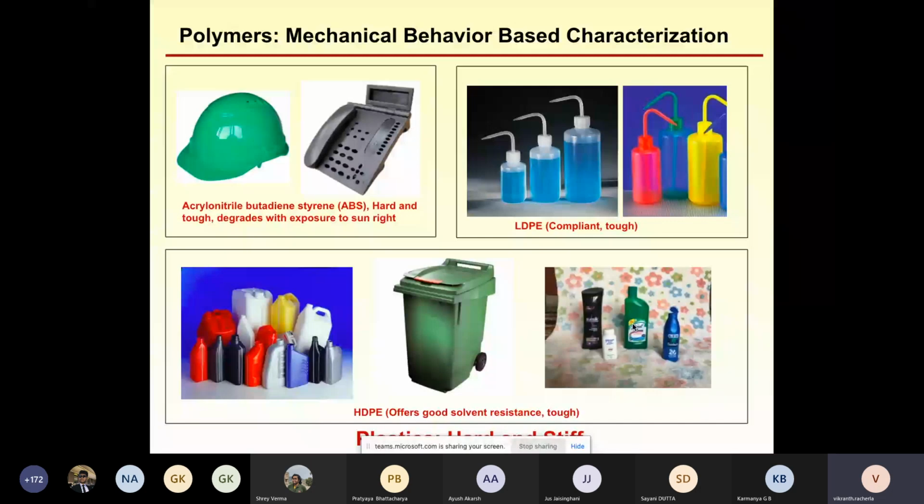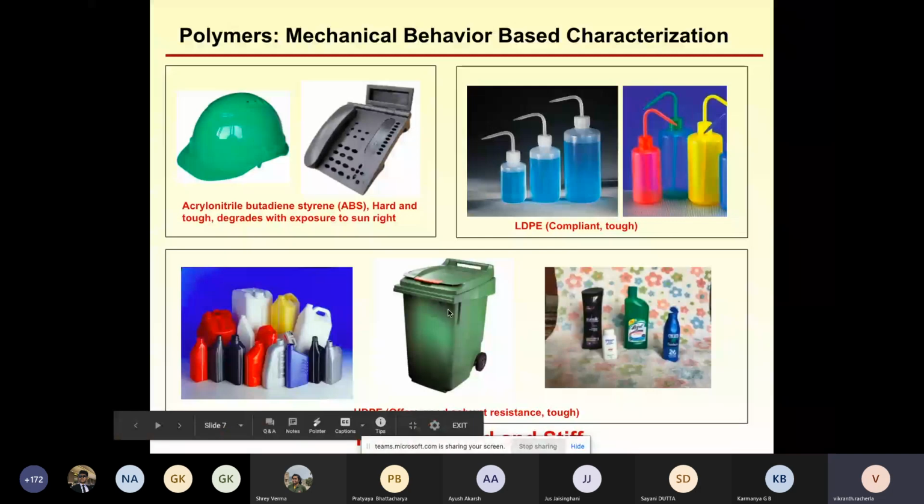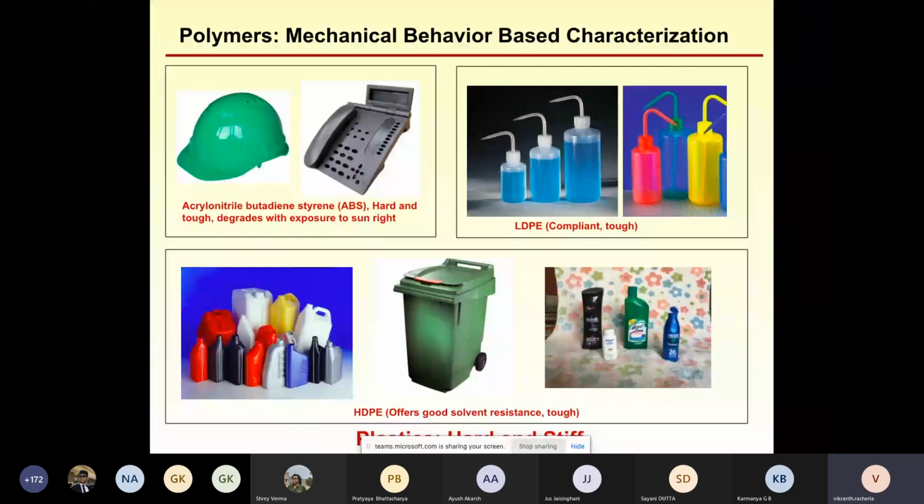So all of these are made using polyethylene, and also the high density polyethylene is used for storing oils and also for dustbins. So amongst the thermoplastics, if you want something which is soft and compliant, you go with either polyethylene or polypropylene.